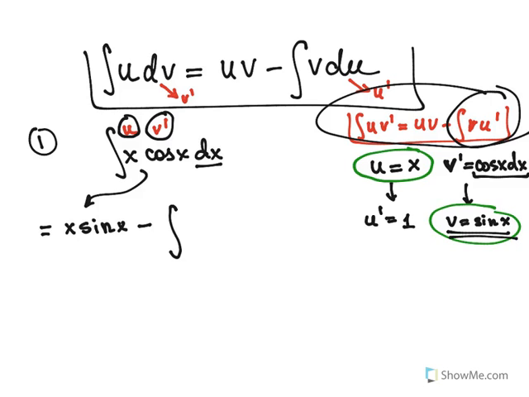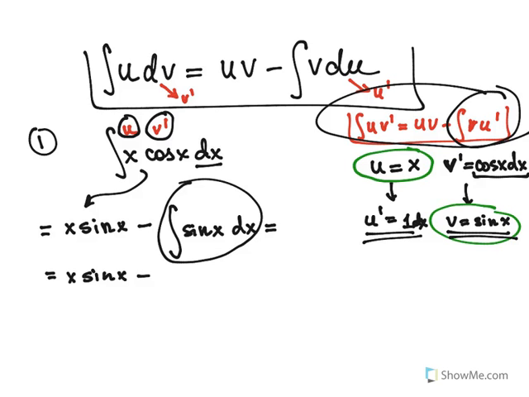So v is sine of x, and u prime is 1. By the way, 1 dx. When you find the derivative, you always put dx. Okay, so now we can actually finish it by integrating this part right here. So what's integral of sine? It's negative cosine.